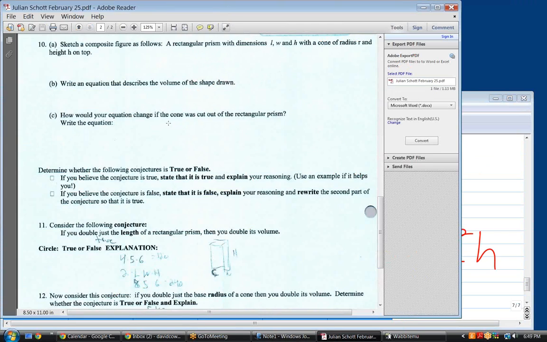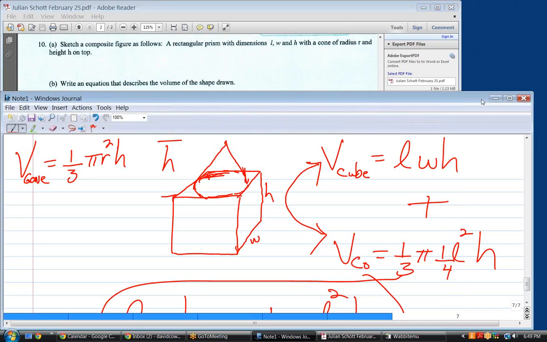How would your equation change if the cone was cut out of the rectangular prism? I don't know. I assume they mean just eliminate the cone, right? I think so. Because the volume of the cube with the cone on top is the same as the sum of the volume of each.